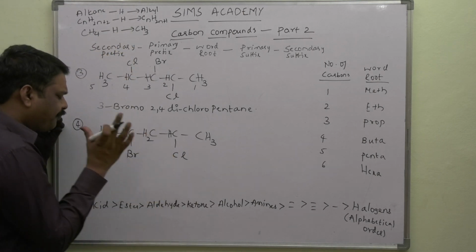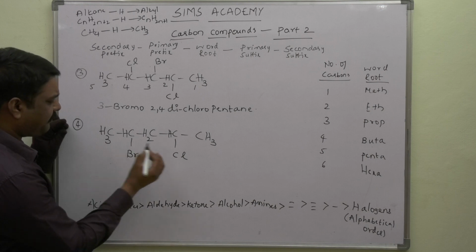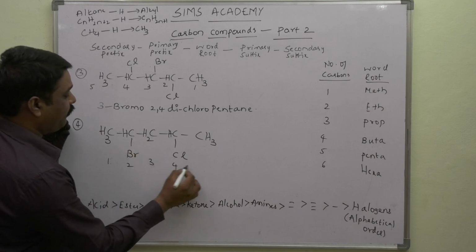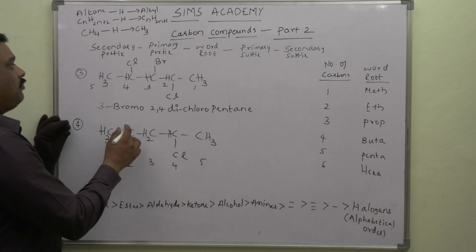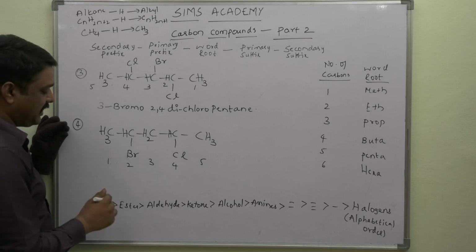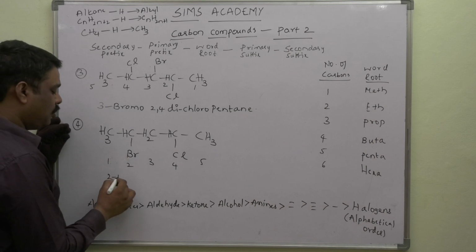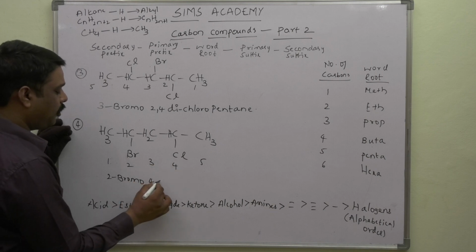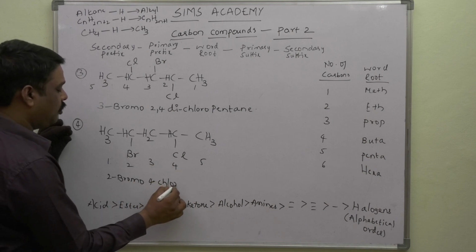Now, alphabetical order from left to right, we shall give the numbering 3, 4, 5. Now, do we have the substituents? Yes, hence secondary prefix is present. What is that? 2 bromo. Next, 4 chloro.